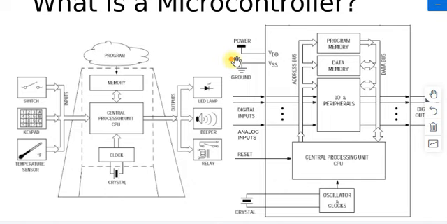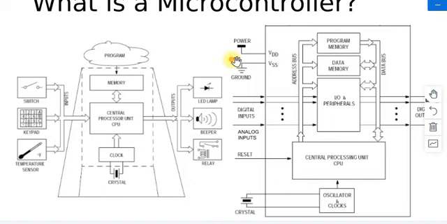The only difference is that the microcontroller is prepared for small action, small system control, because it integrates the memory parts and other peripheral controllers in a single chip.